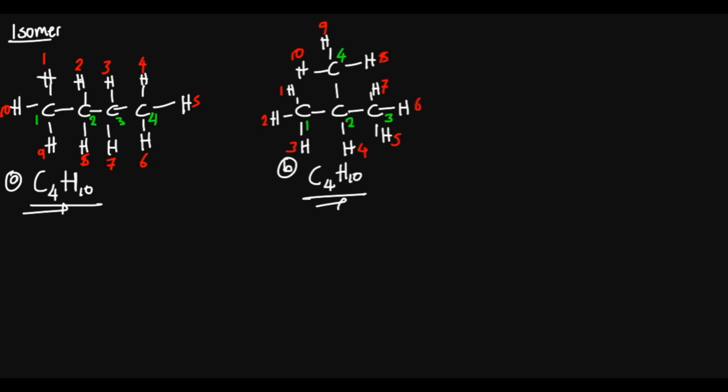Okay, now let's look at the naming part of this. The first one is simple. We just name it the way we did with the other example. So we look at the prefix. Here we need to count the number of carbons. It's 4, so we need to have but.